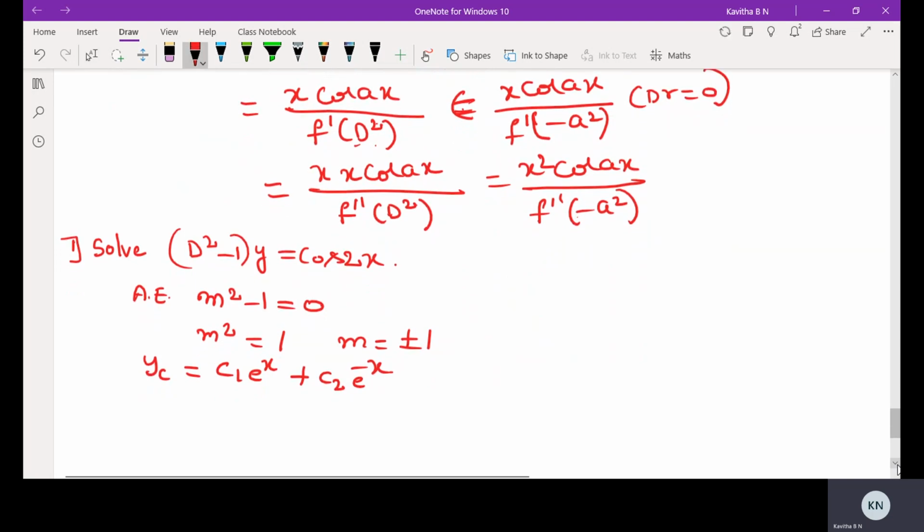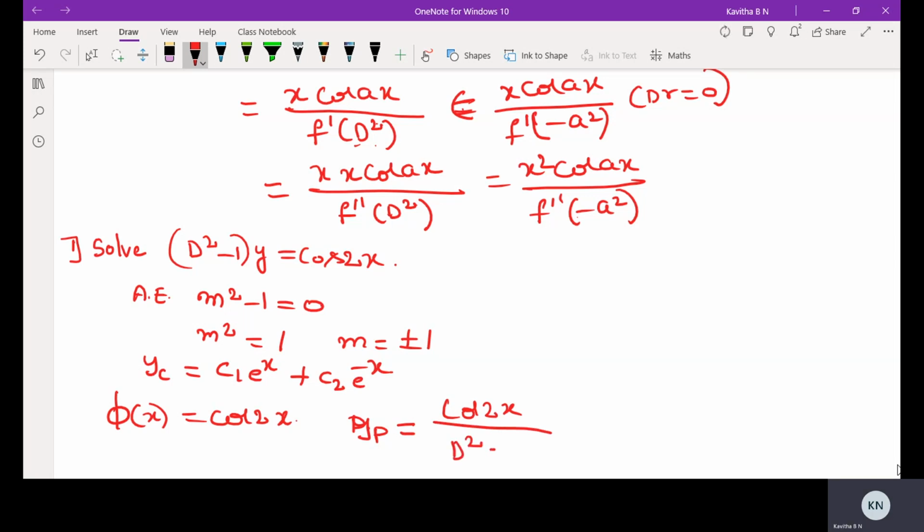Here phi of x is cos 2x. We need to find the particular integral yp. Here yp is equal to cos 2x divided by D square minus 1.